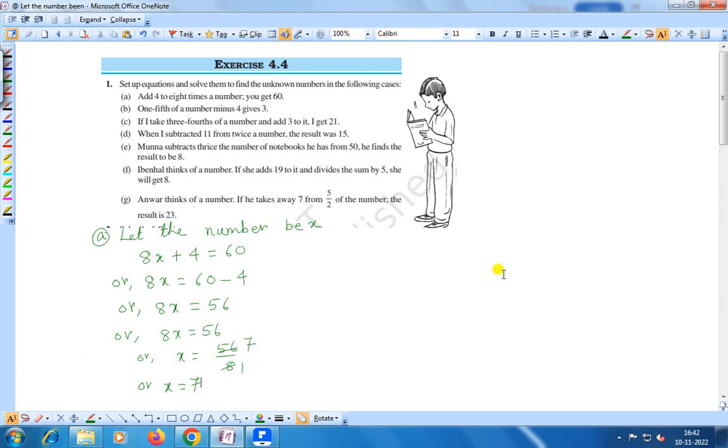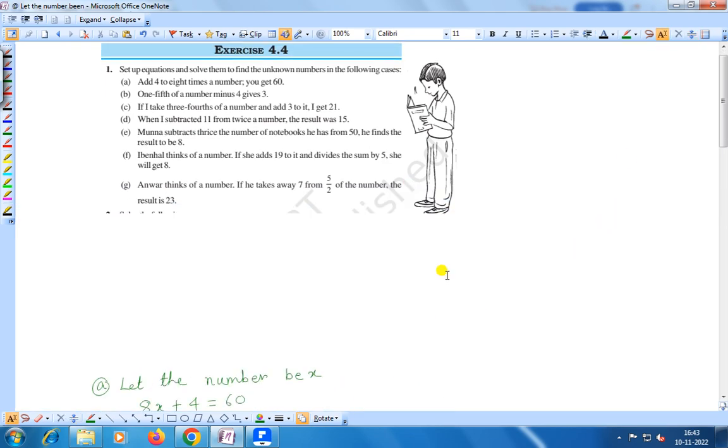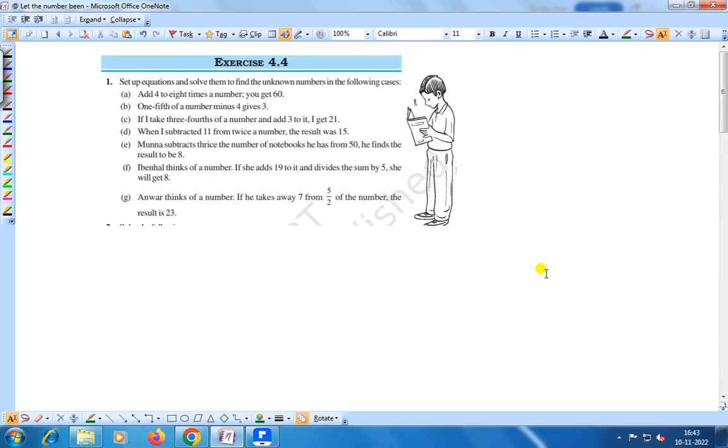Question number B is 1/5 of a number minus 4 gives 3. Let the number be m.